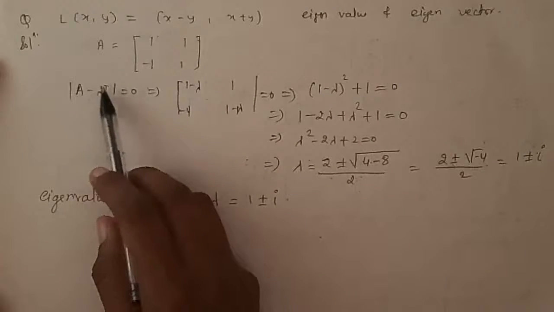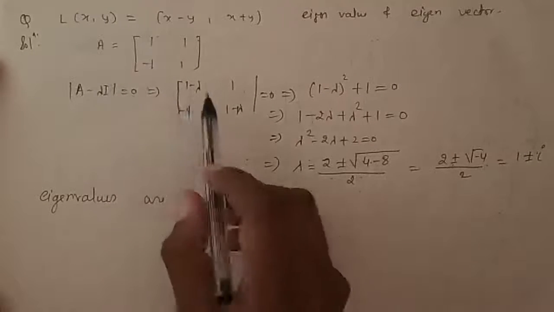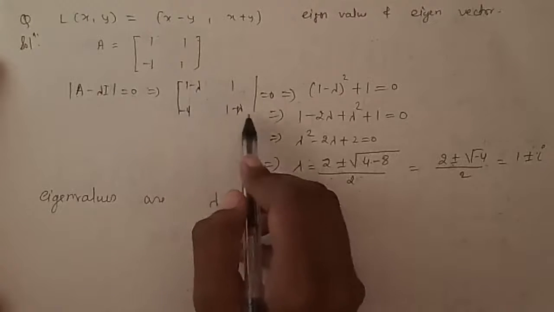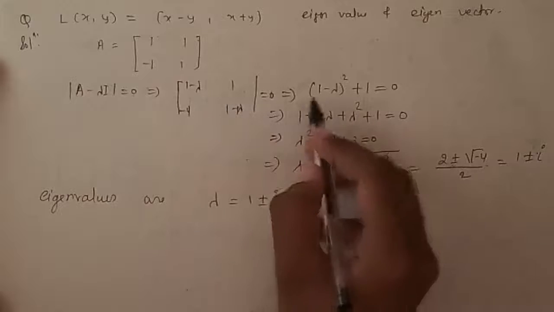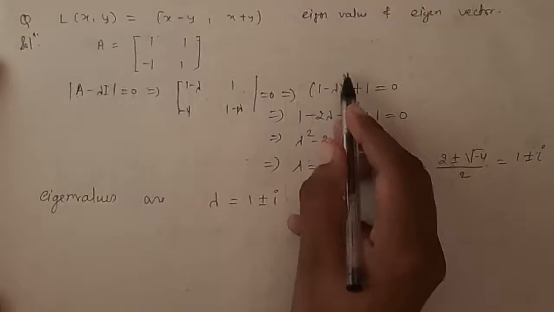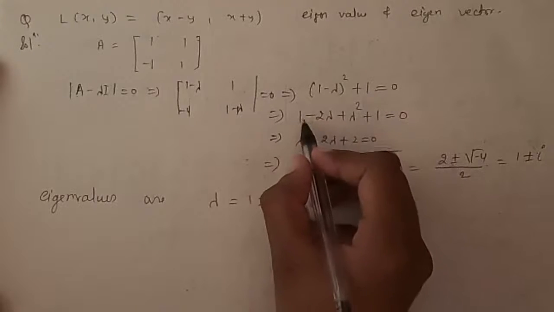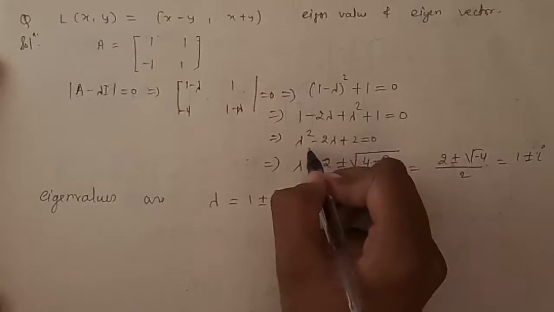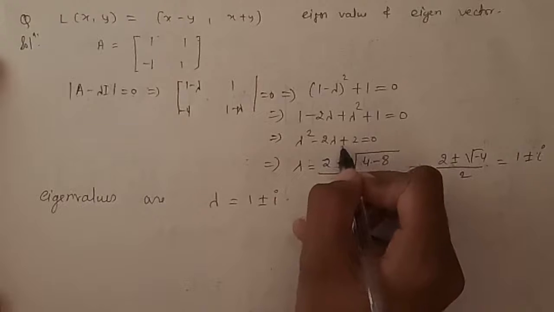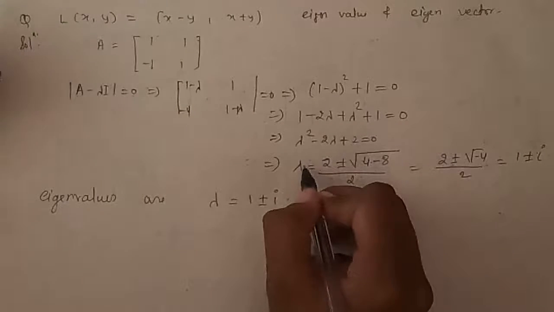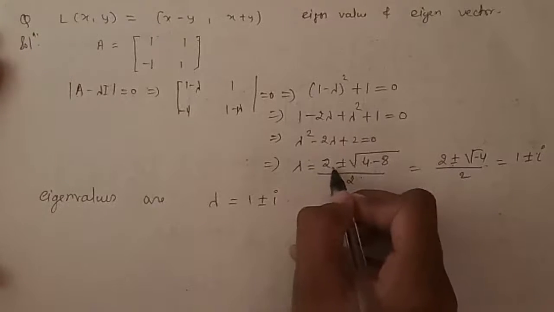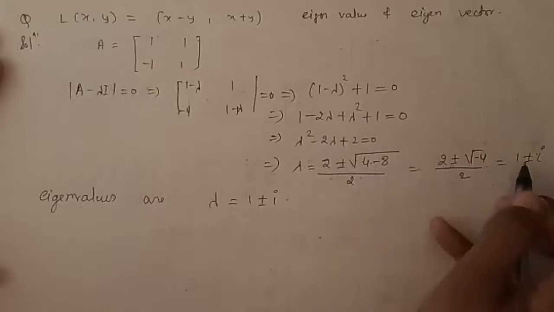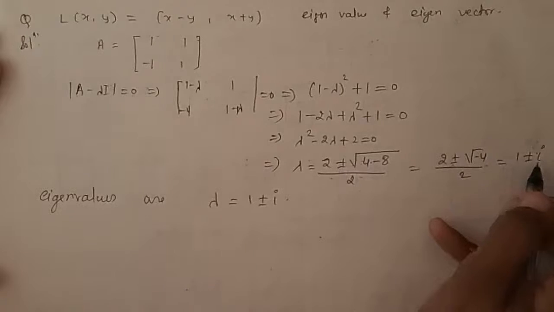For this we have determinant of A minus lambda I is equal to 0. That is determinant of 1 minus lambda, minus 1, 1, 1 minus lambda is equal to 0. On simplifying this we are getting (1 minus lambda) whole square plus 1 is equal to 0. 1 minus 2 lambda plus lambda square plus 1 is equal to 0. This implies lambda square minus 2 lambda plus 2 is equal to 0. On finding its roots we are getting 2 plus and minus under root 4 minus 8 divided by 2. This is equal to 1 plus and minus i.